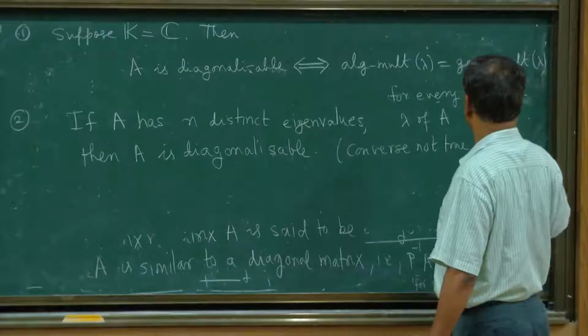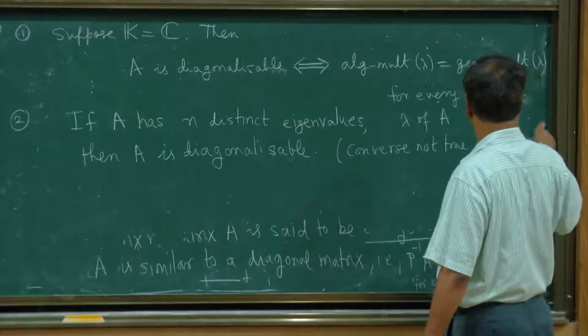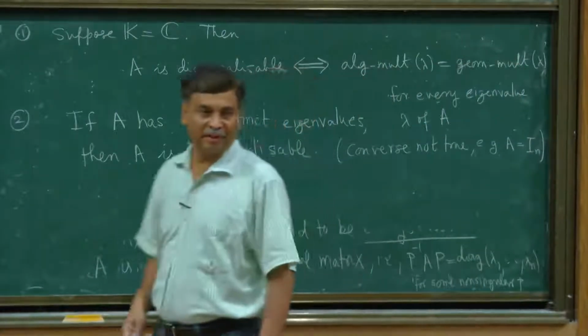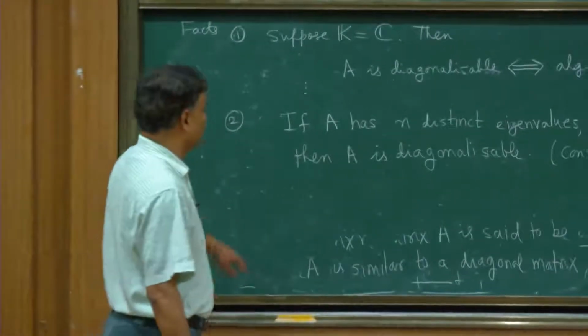For example, you can take A to be the identity. It is diagonalizable, but it does not have distinct eigenvalues. Why is this true?